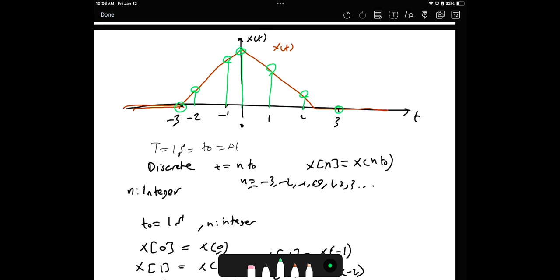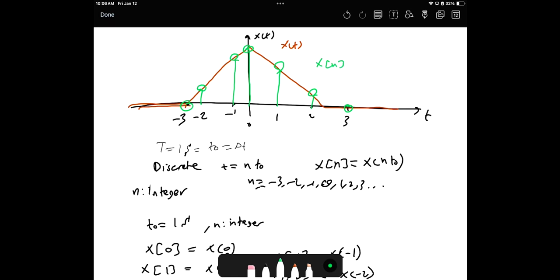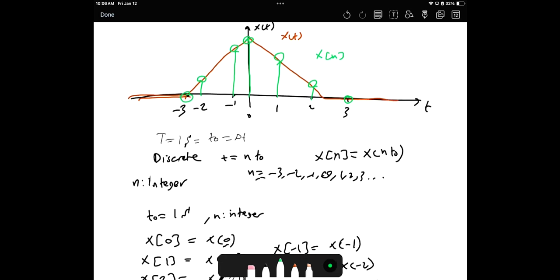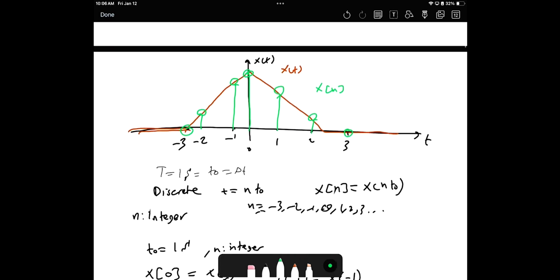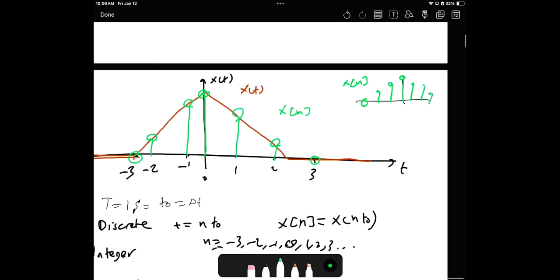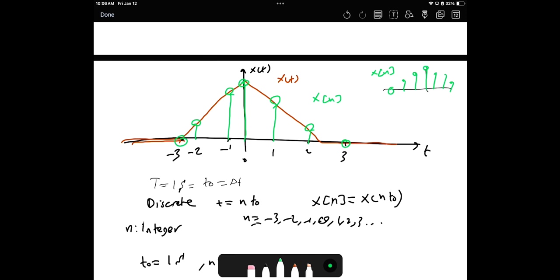So this is called x of n. In other words, let me redraw x of n here in a small graph. It will look like this. This is x of n. So you see x of t is in the red shape, and x of n is in the green shape. That's how the discrete signal will look.